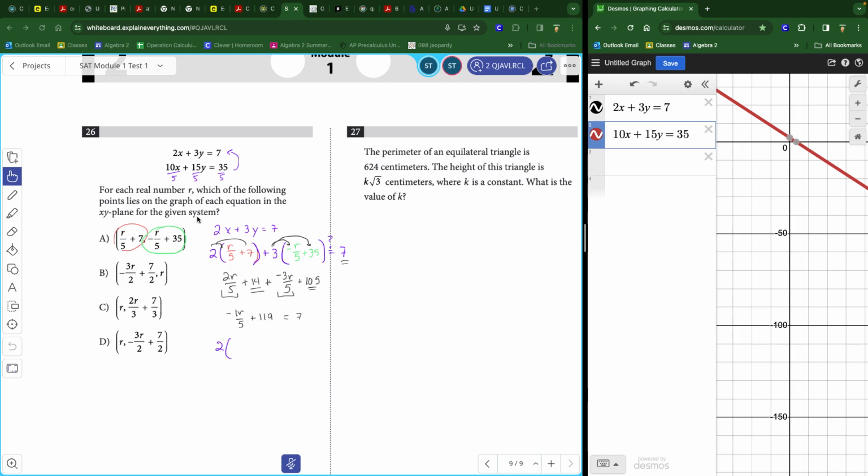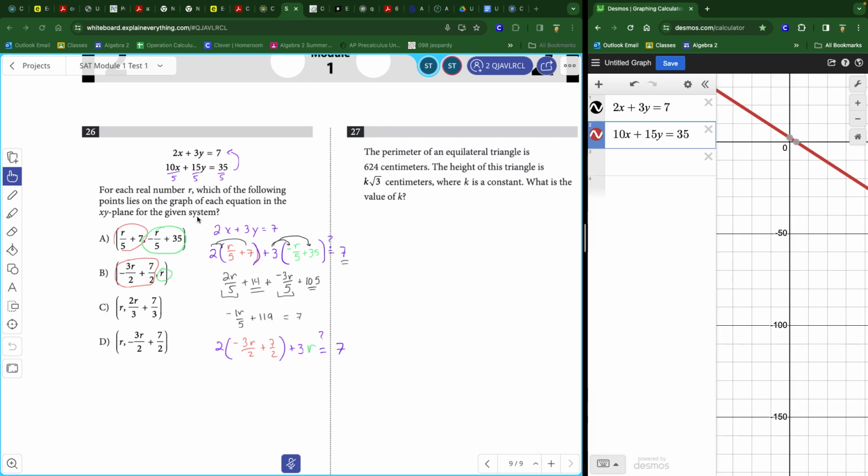My x this time is negative 3r over 2 plus 7 over 2. So that was my x. My y in this case is just r, so plus 3 r's, as my formula says 3 times y, and y is r. And we'll see if that equals 7.